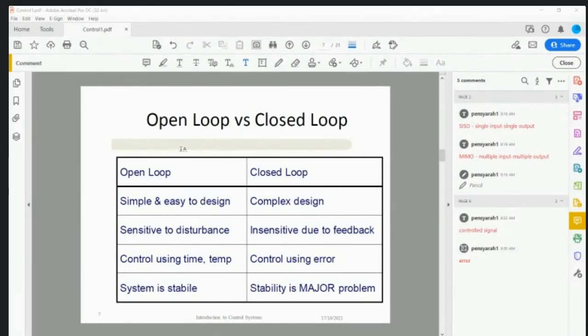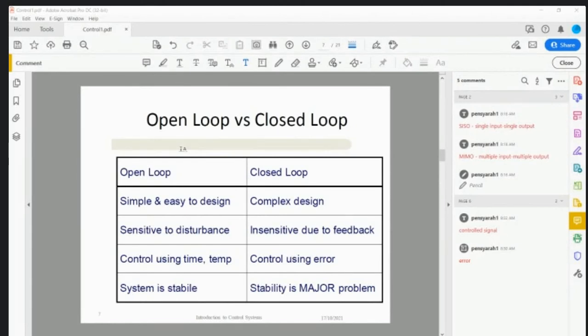While for the closed loop, the controller will be using the error, which is the difference between the input and the actual output. If the error is positive, then it will increase the effort to the system. If the error is negative, then we reduce the effort to the system.